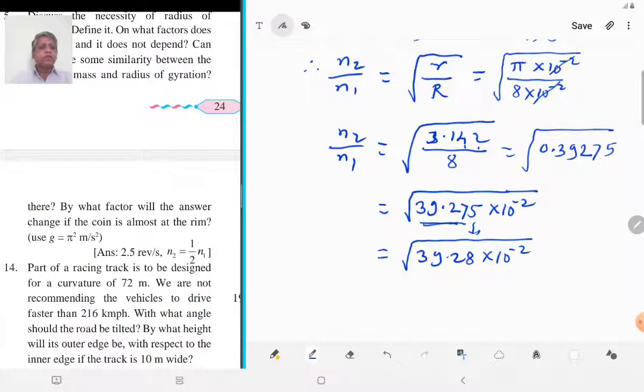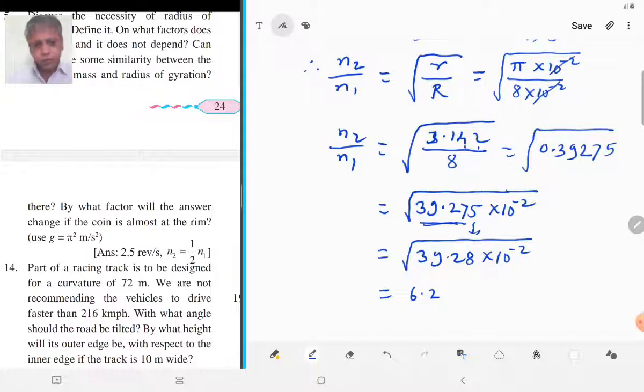Now we see the square root of 39.28, and that is 6.261, and at the 8, that is 6.267.